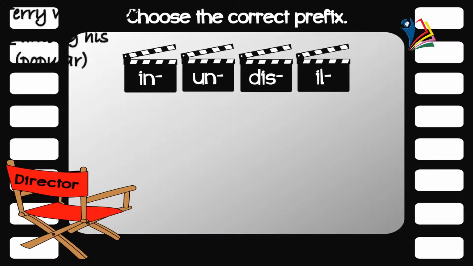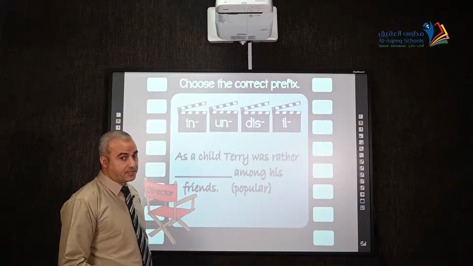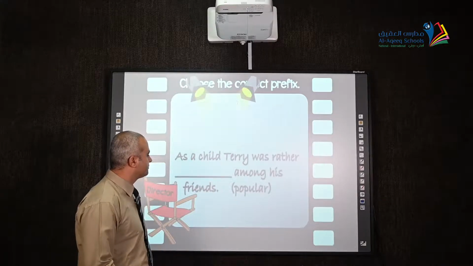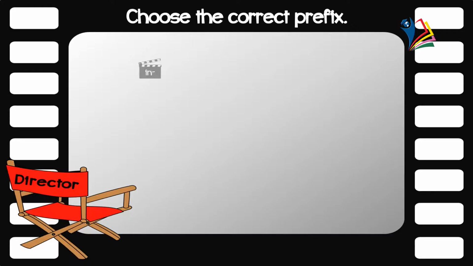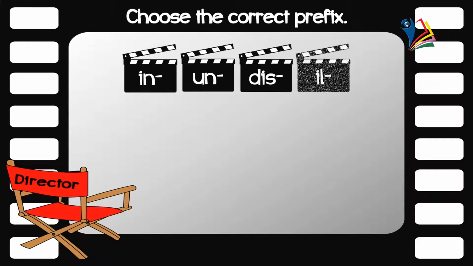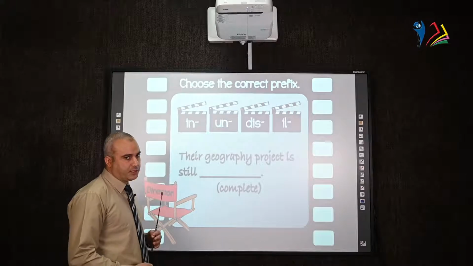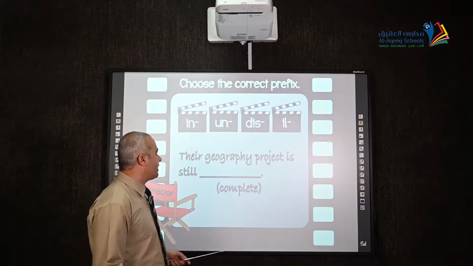Also in, un, dis, il. As a child, Terry was rather unpopular among his friends. Popular. The negative prefix here is un. Unpopular. Okay. Their geography project is still incomplete. We want to change it into the negative, or use a negative prefix. Here we use incomplete.